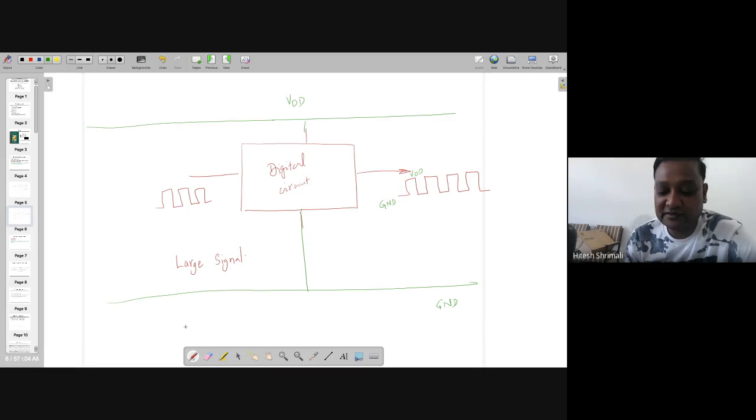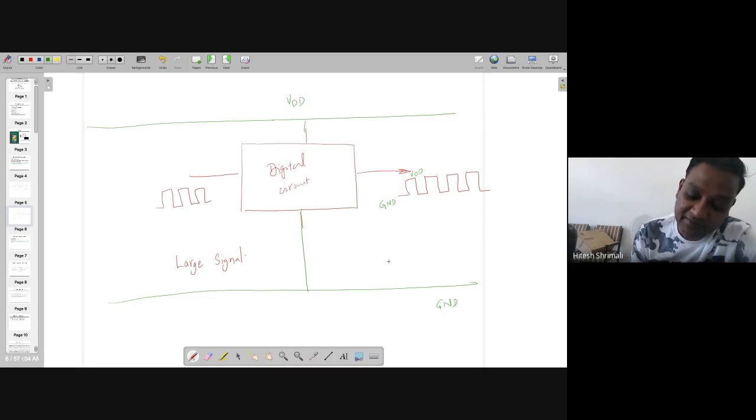I don't want the output to be a little bit higher than ground. I want the full-scale value, so we are going to consider this one as the positive rail and this one as the negative rail.